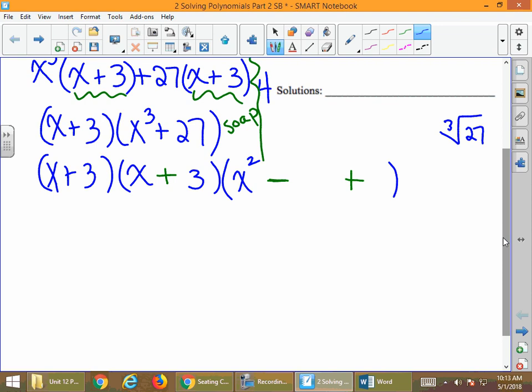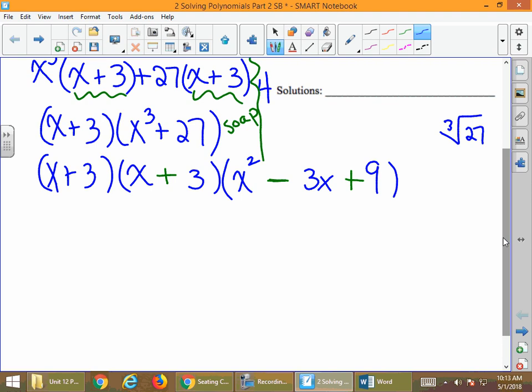So 27 divided by 3 is going to be in the last position of our parentheses. 27 divided by 3 is 9. And remember, we already have the signs in there, so we don't have to worry about that. So we're going to take x times 3 from our second parentheses listed here on the board, and x times 3 is 3x. Our signs are already in there.